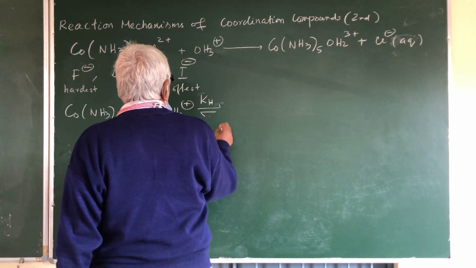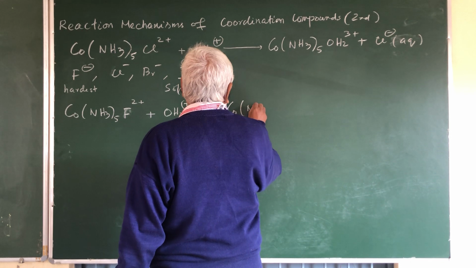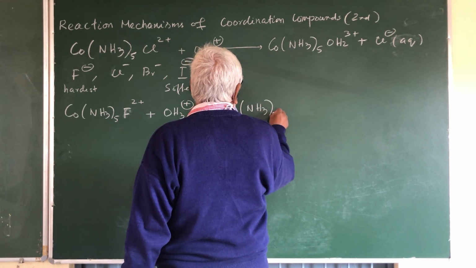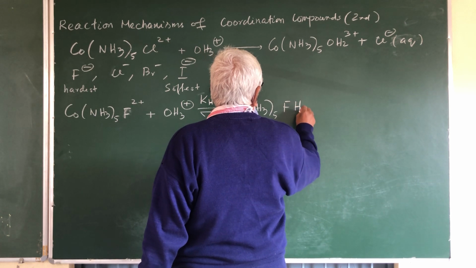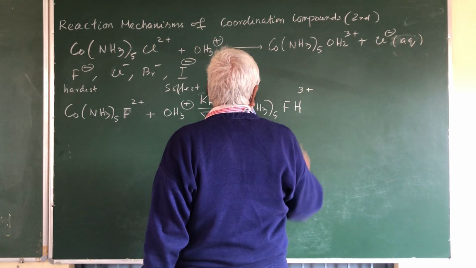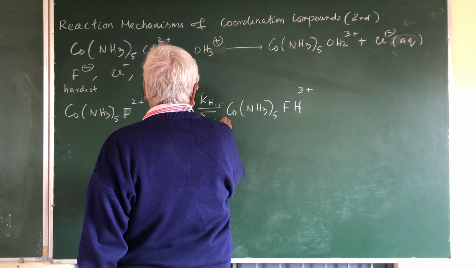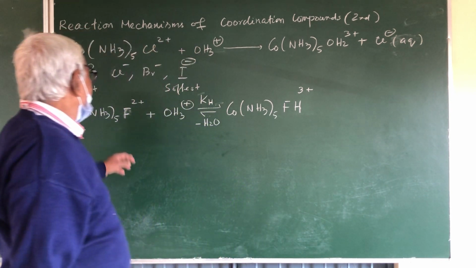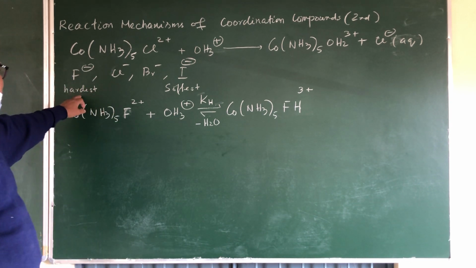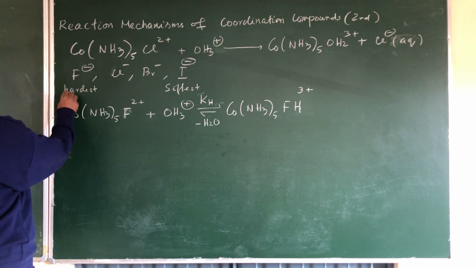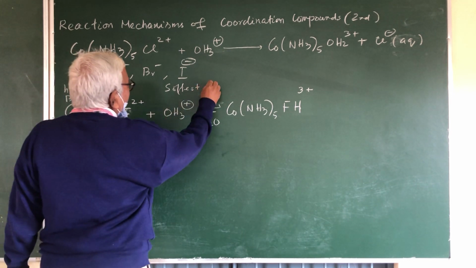Kh is the equilibrium constant, then you will get the product. So here the chloride, which is the hardest base, is softest base.